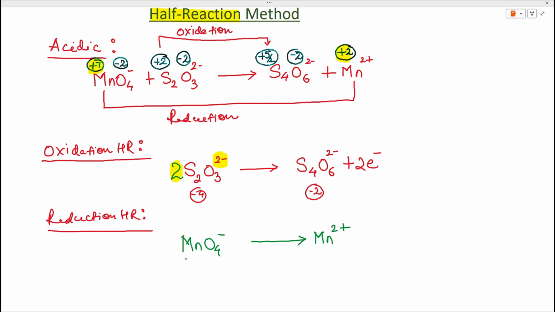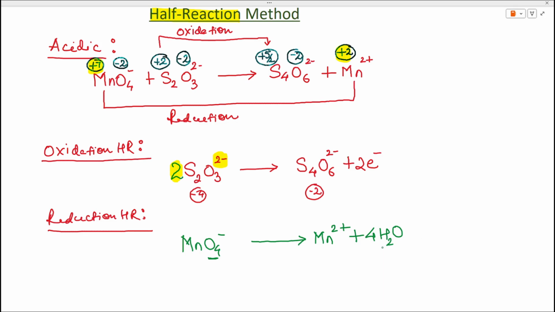Manganese is one atom over here, one atom over here. We don't need to do anything. The next step is to balance oxygen by adding water molecules. We have 4 oxygen atoms here, none over here. So we are just going to add 4 water molecules on the right hand side to balance out the oxygens.